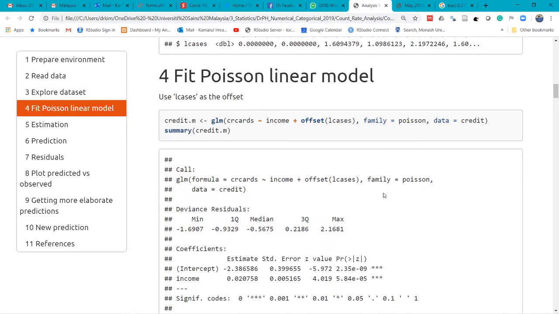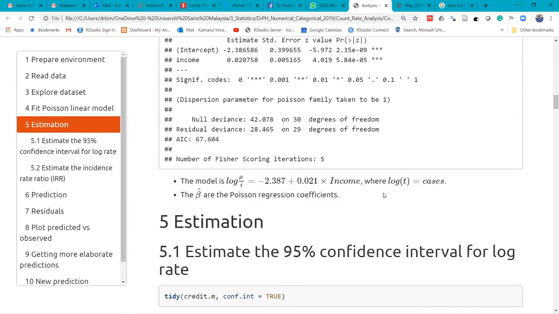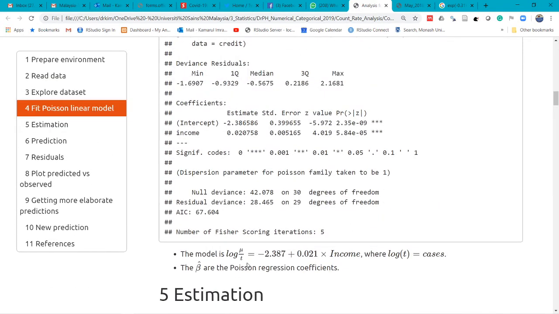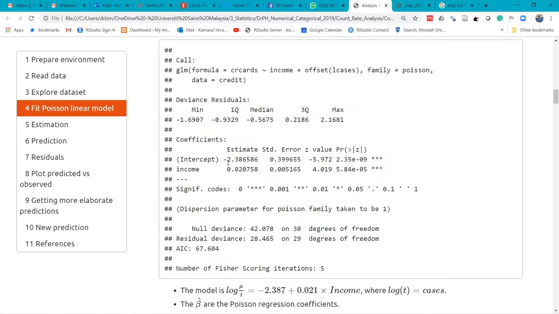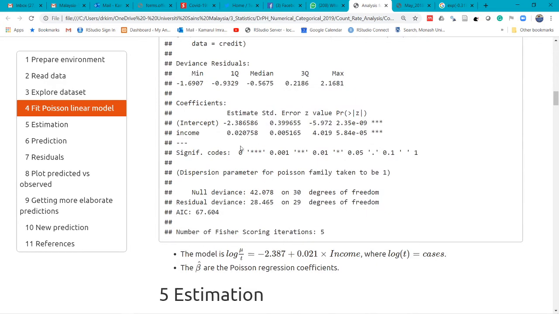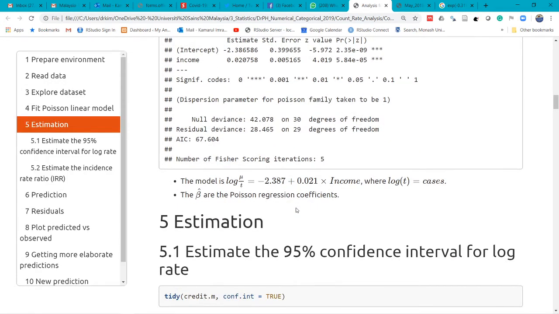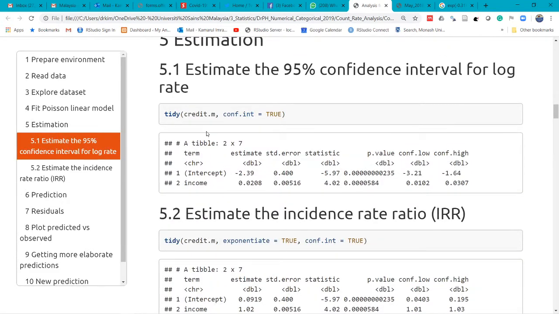Then this is the log rate: log mu over t equals minus 2.387, which is the intercept, plus 0.021 times income. Use tidy to have a nice data frame output.